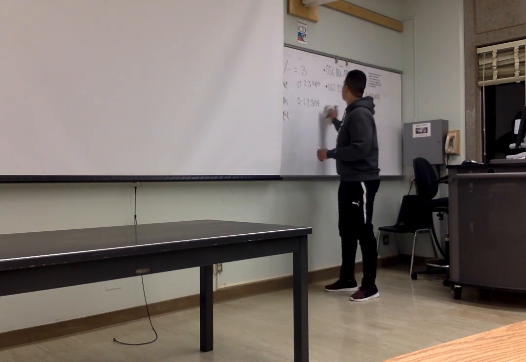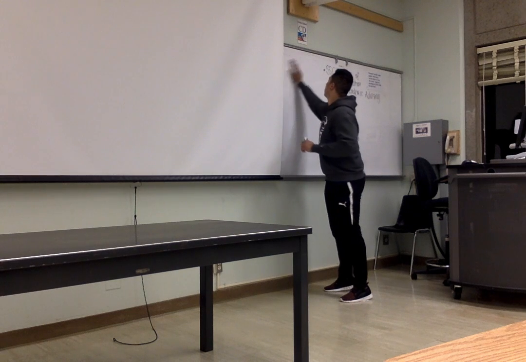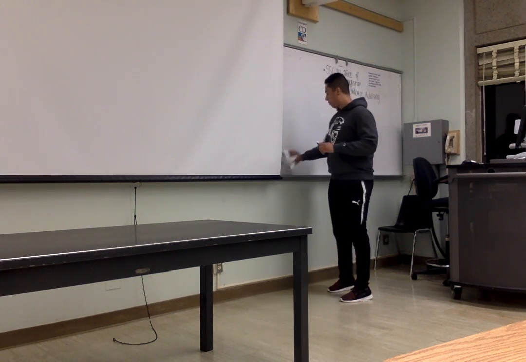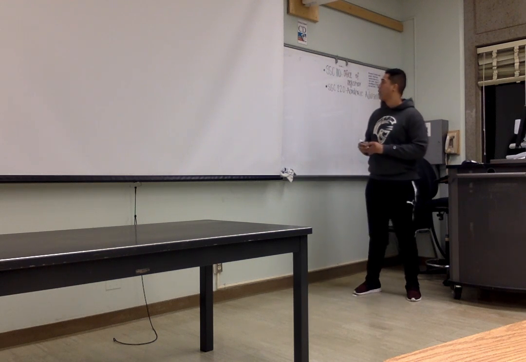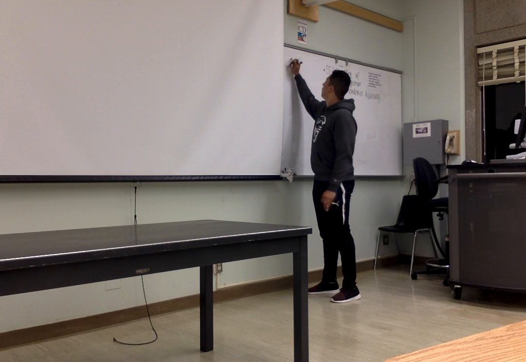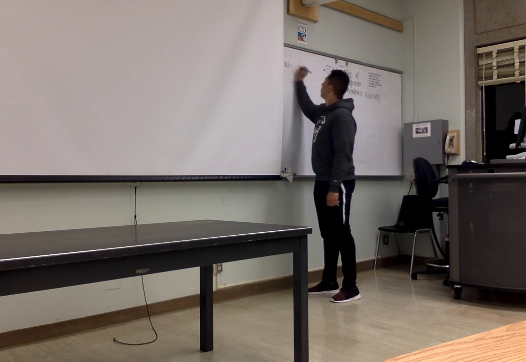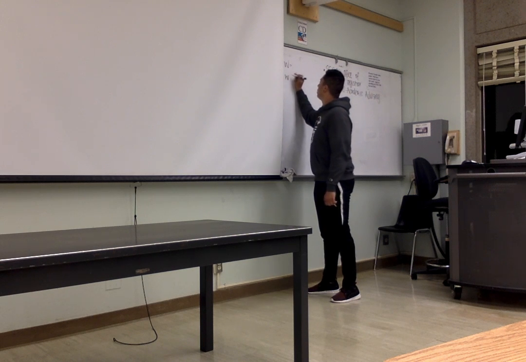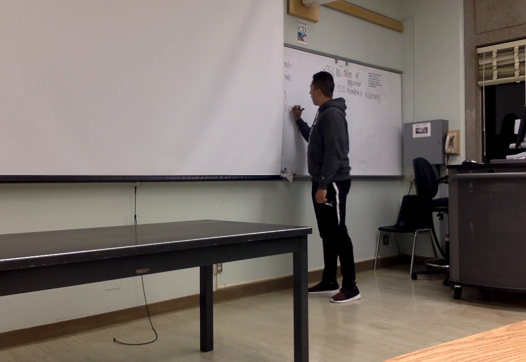Another grading policy we have at Chico State is withdrawing from your courses. With withdrawing, you have a W, you have a WU, you have an I, and then you have an IC.